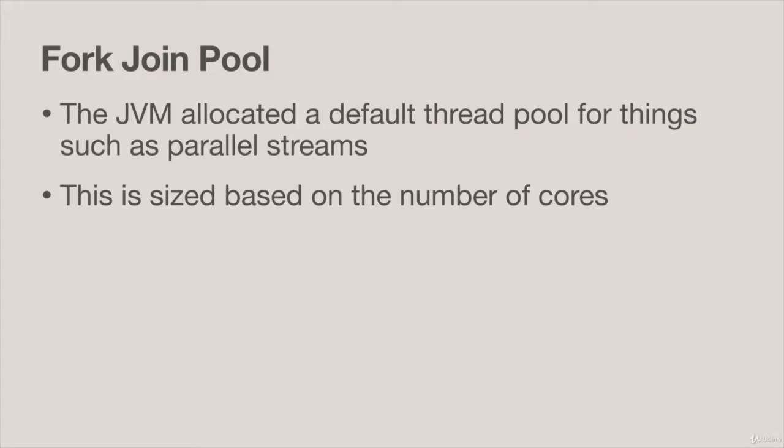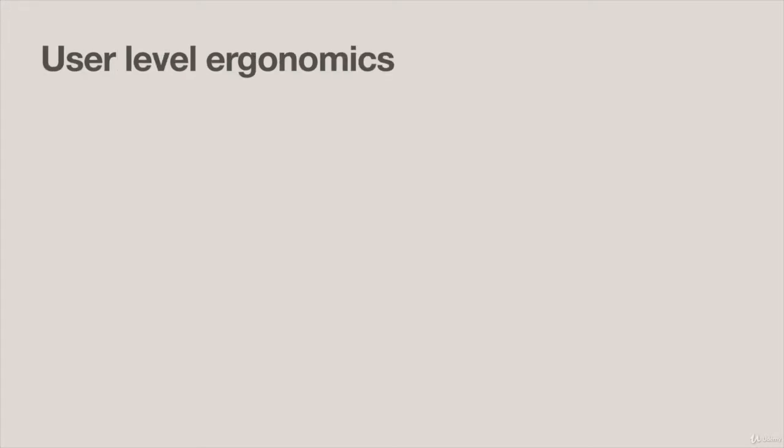The number of threads it's allowed to create is again based off the number of cores. The JVM has really good behavior for changing based on the machine it's running on, and lots of user level libraries have then taken this and done it as well.